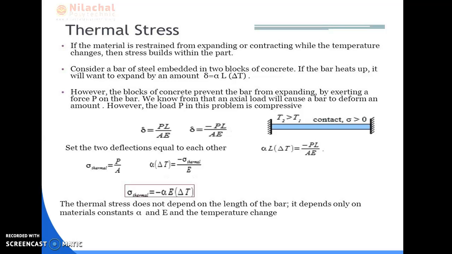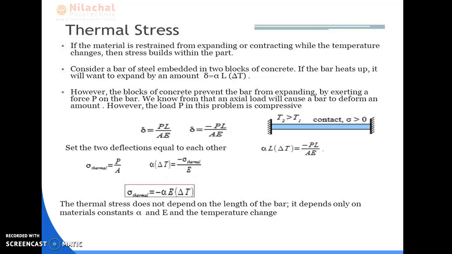In the same way, if you cool a material, contraction of the material takes place, but if you do not prevent that contraction, there will be no stresses involved. But if you resist or fix the material at both ends, then there will be a stress induced.